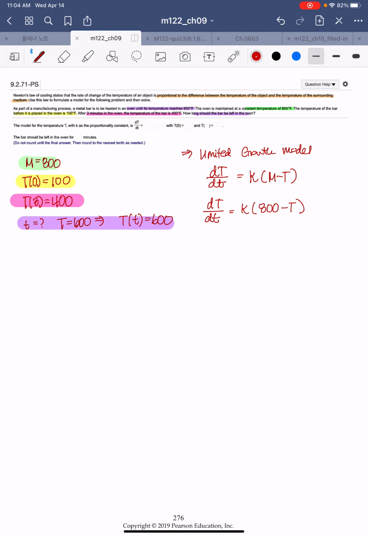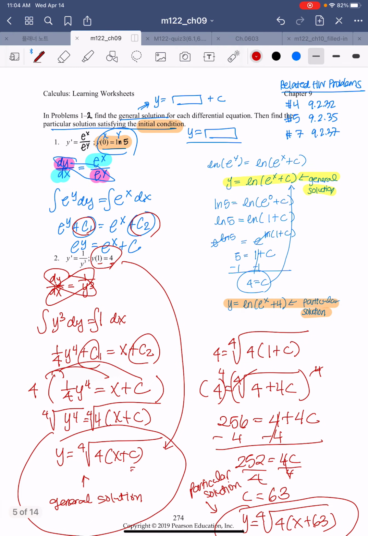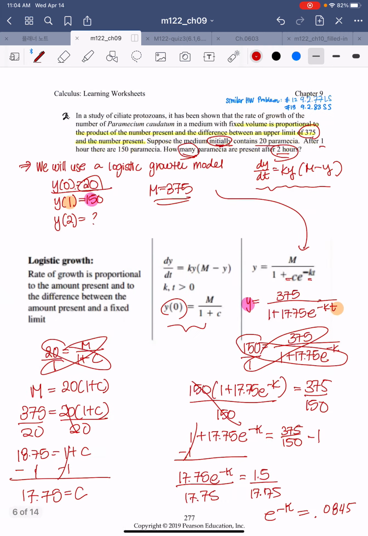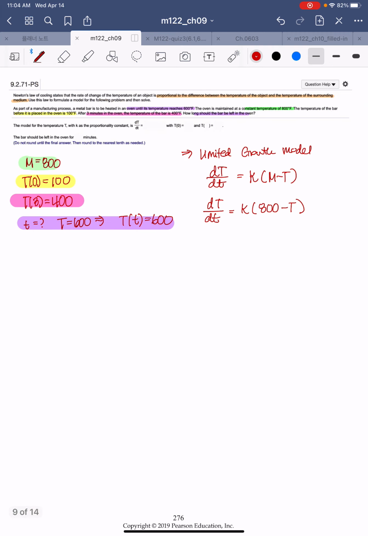Now, just like we did in example 1 and 2, I'm going to separate the variables with a capital T and then small letter t. So let's multiply dt here and then dt here. So the small letter t is on the other side. So I have dT is equal to k times 800 minus T dt.